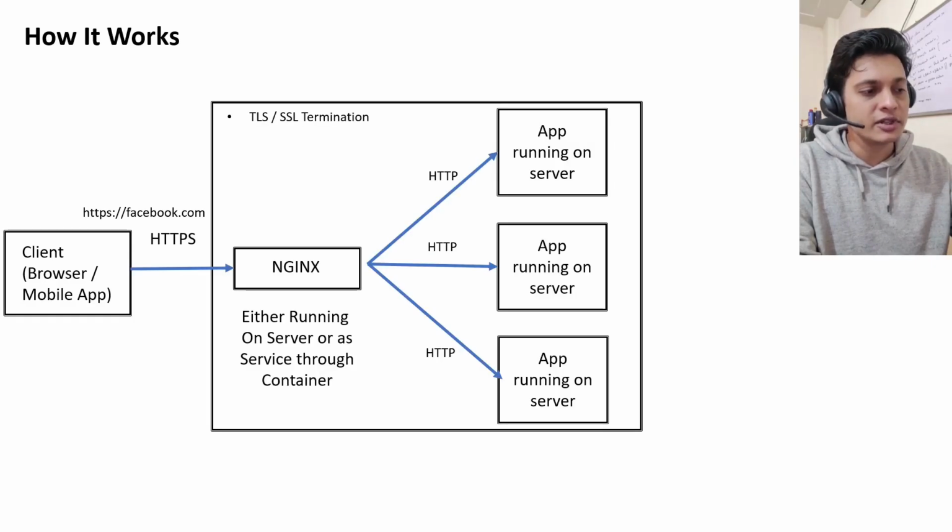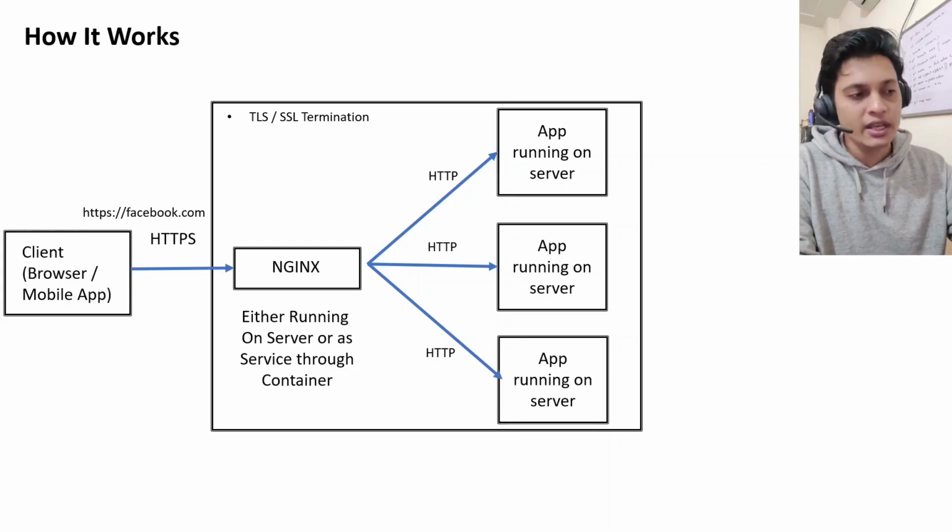And what this Nginx will do, it took the HTTPS and then it sent HTTP to the running servers. So it did the TLS or SSL termination. When you decrypt the HTTPS to HTTP, it is called TLS SSL termination.